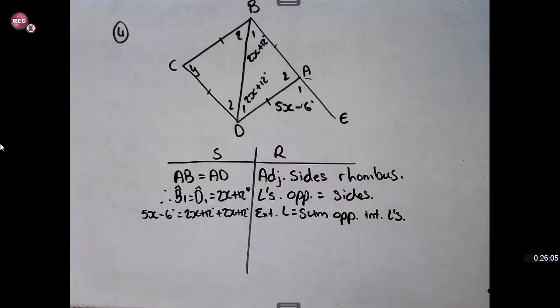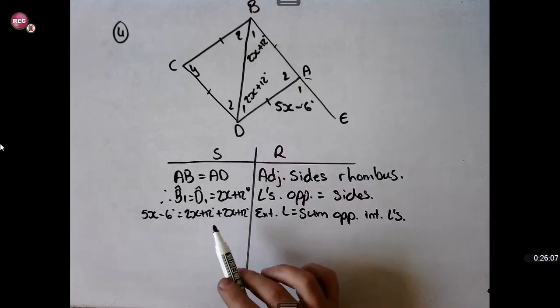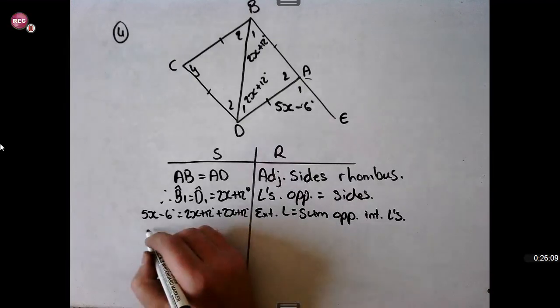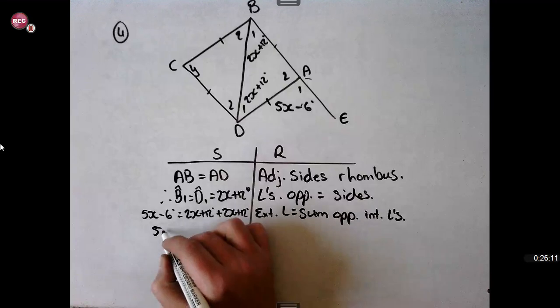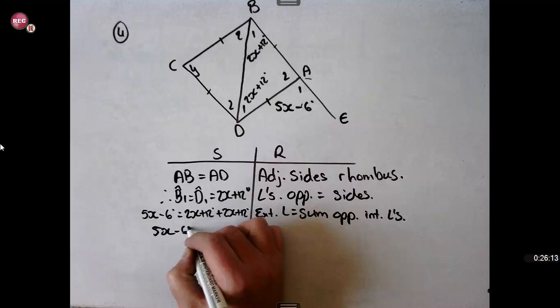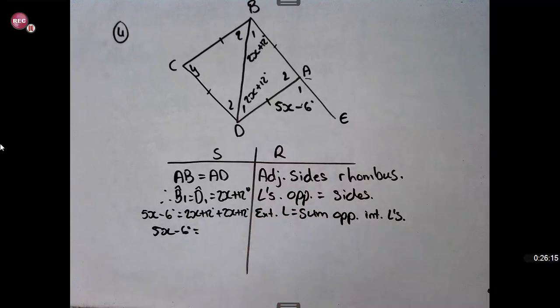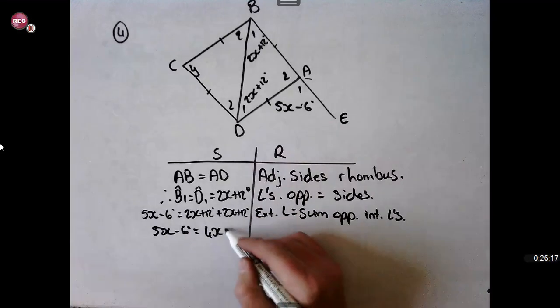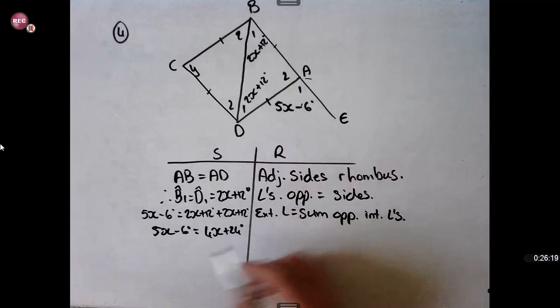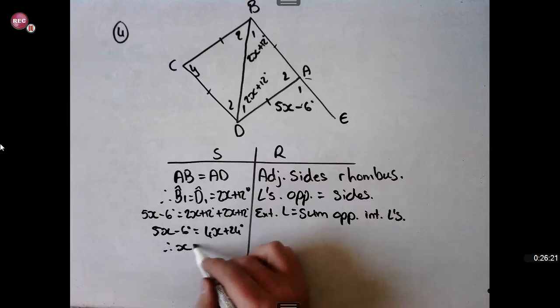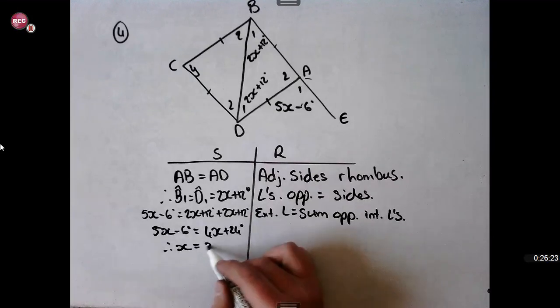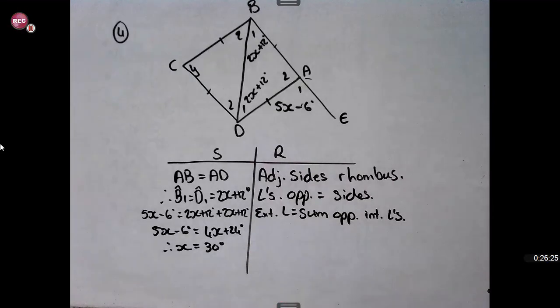If I calculate all of this, I will have 5x minus 6 degrees equals 4x plus 24 degrees, which gives me a value of x equal to 30 degrees. So we have solved for x.